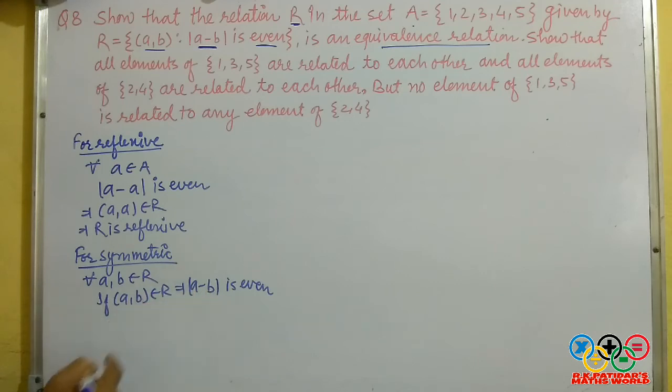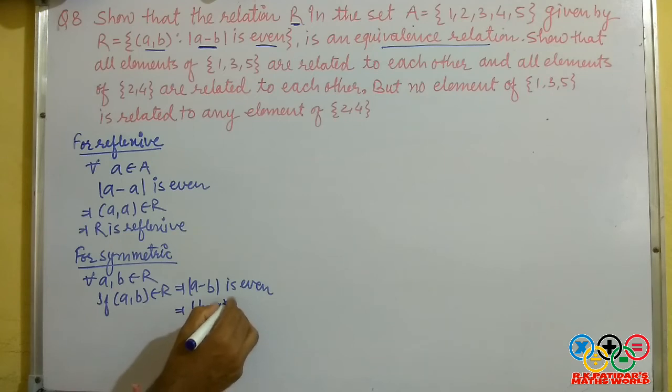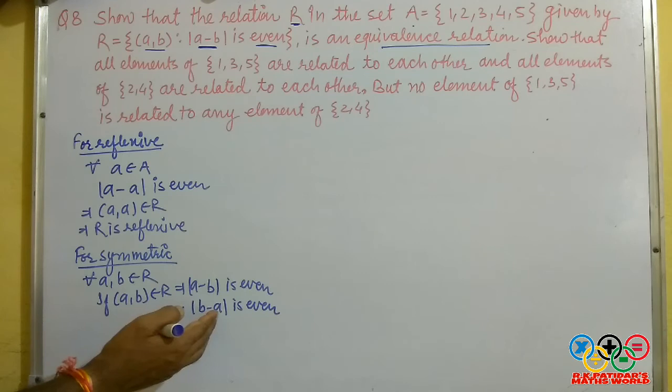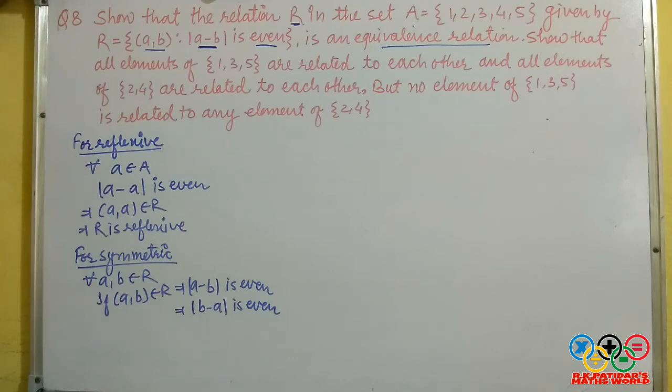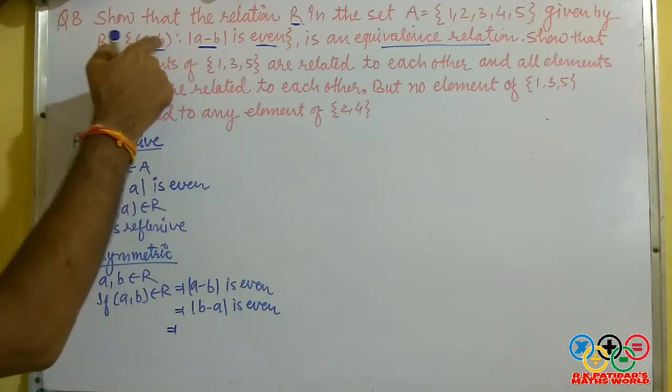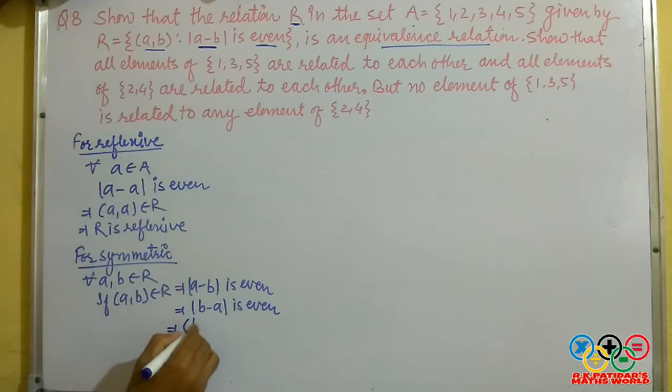If mod of a minus b is even, then mod of b minus a will also be even, because it is the negative of it. If we take a number 5, the mod of 5 or the mod of -5 will be equal. And if b minus a is even, then according to the definition (b, a) belongs to R. So (b, a) belongs to R means this R is symmetric.